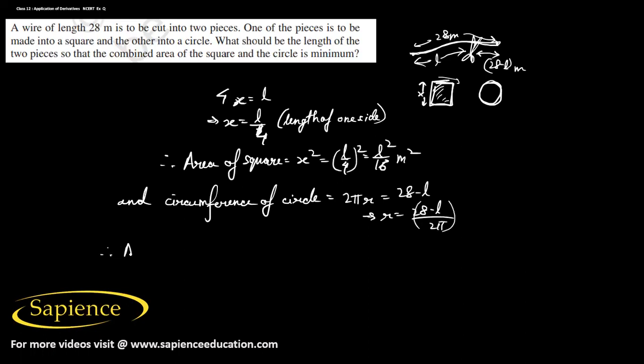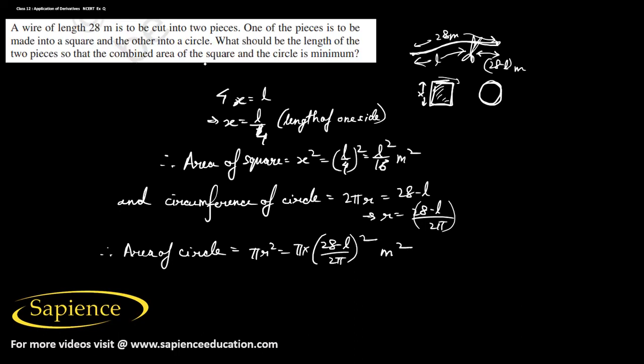Therefore the area of the circle will be equal to pi r square, that will be pi into 28 minus L by 2 pi whole square, this much meter square.